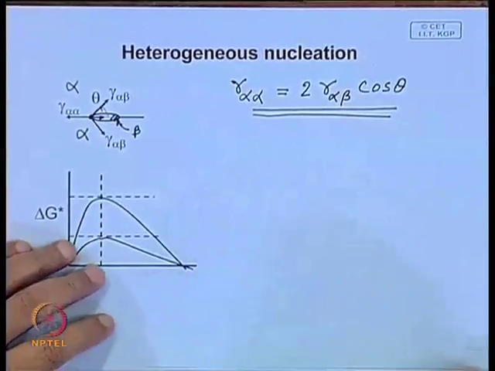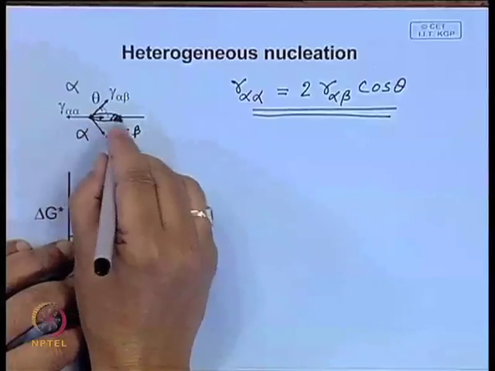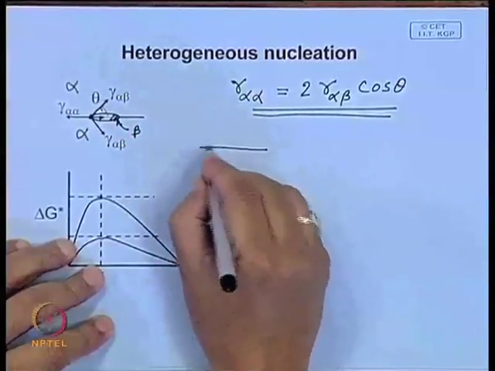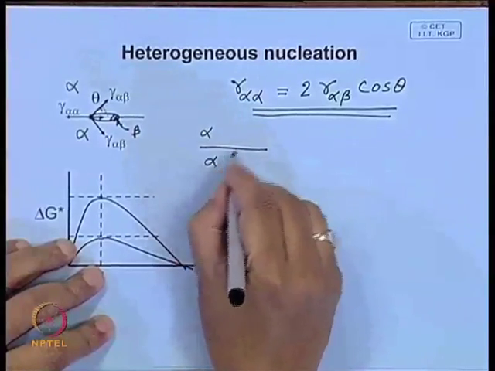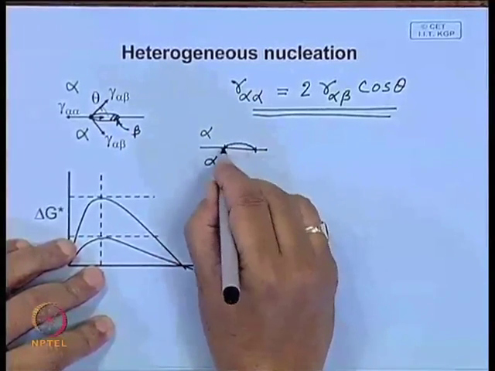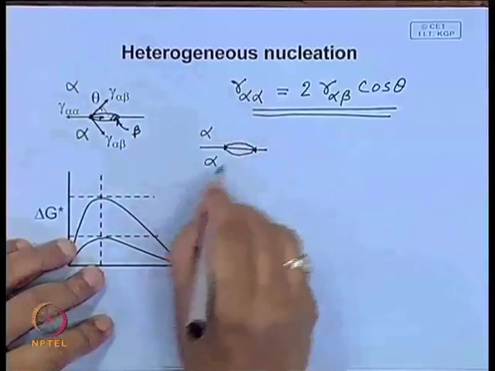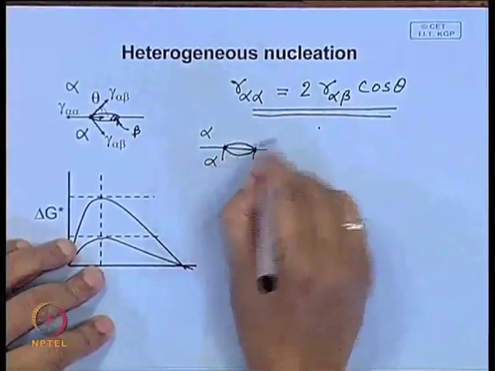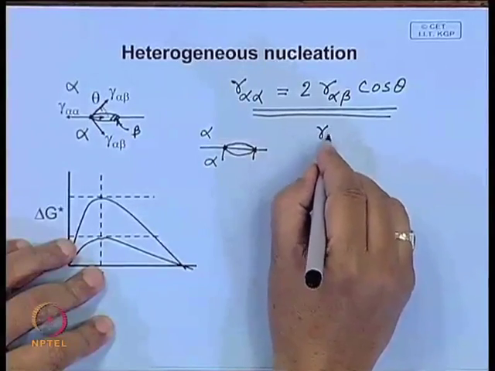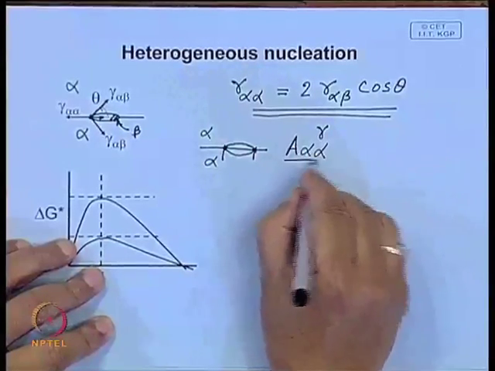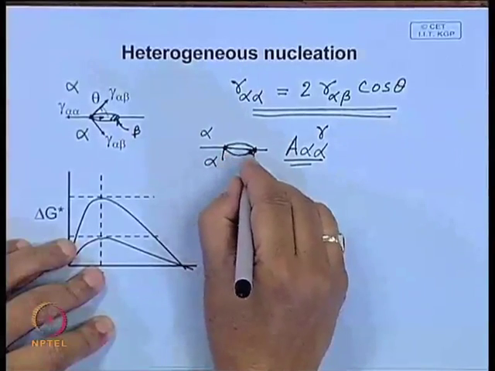And when a new precipitate forms here, what happens? In a grain boundary, you have alpha, alpha. Say a precipitate beta forms here. What happens? This amount of alpha-alpha boundary disappears.